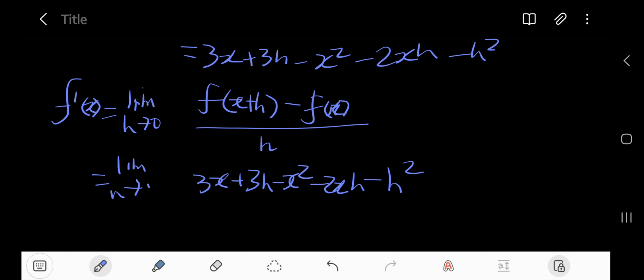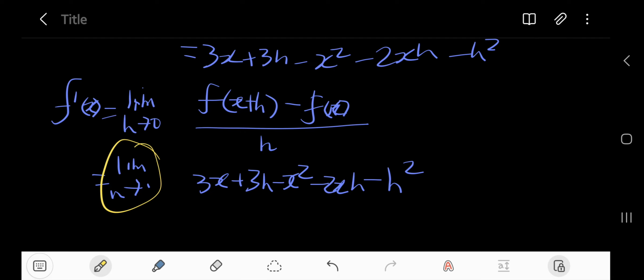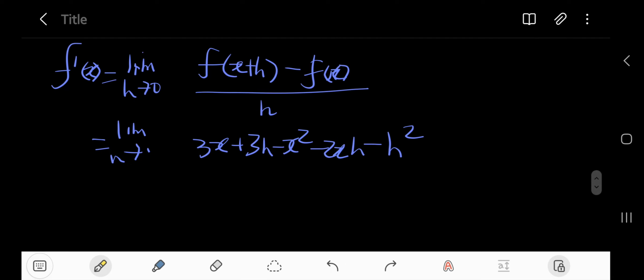Somebody may be asking, guys, what's the significance of this limit as h approaches 0? If I were to break it down, which is out of theory context, the way I see it is that we really want to make sure that h is 0. We really want to replace h with 0. But we can't in this case because if we divide by 0, the expression is invalid.